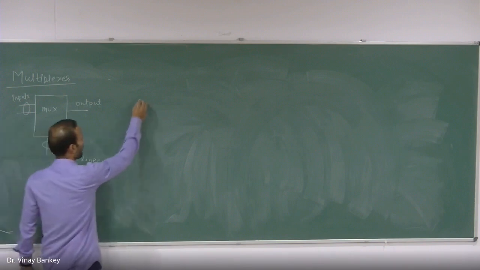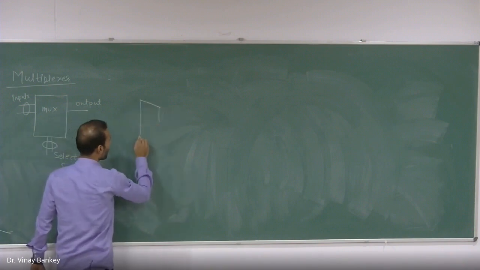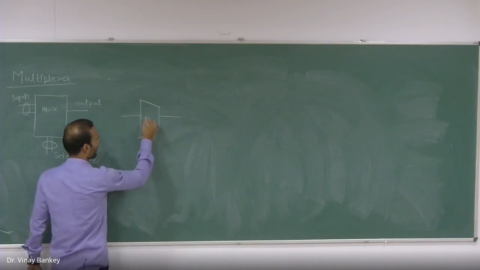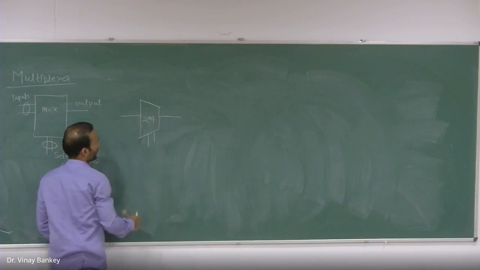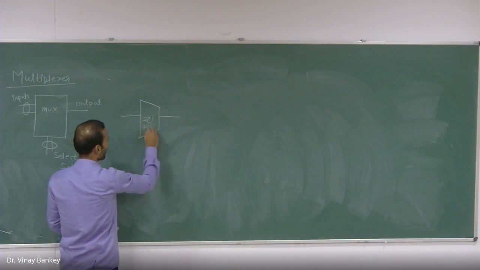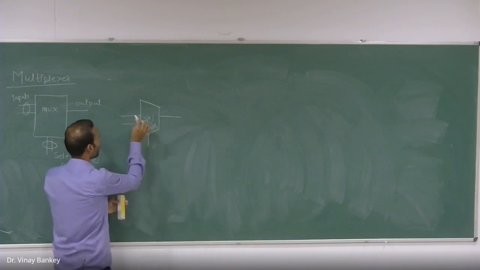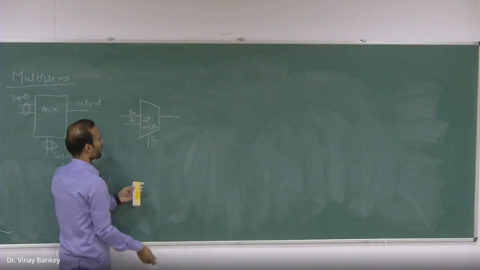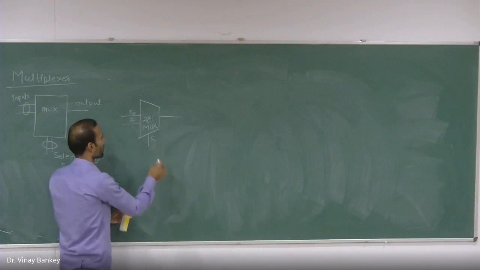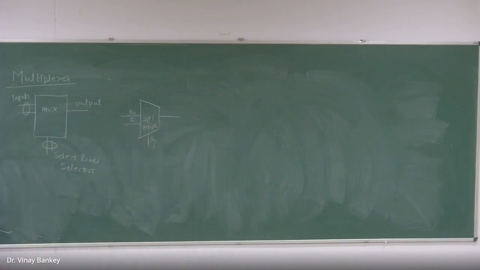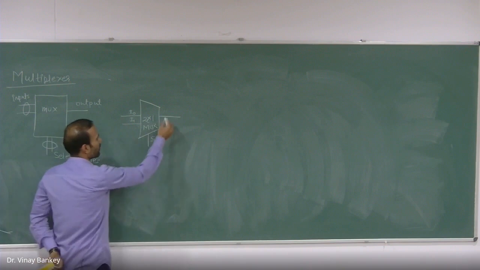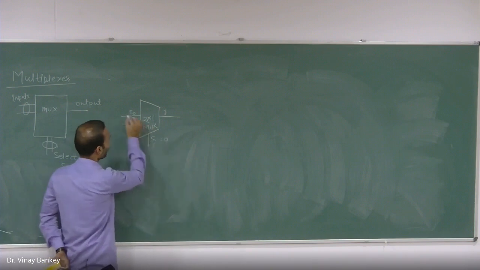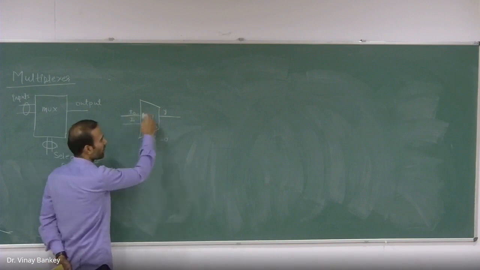The representation of MUX can be given like this. In a few books, they represent MUX like this. Now I am showing the basic MUX IC, that is the 2x1 MUX. To select between two inputs, I0 and I1, I should have one selection line, which we define as S0, or you can call it S, and here you will have the output, which I define as Y. When S is equal to 0, whatever information is in I0 reflects to the output.